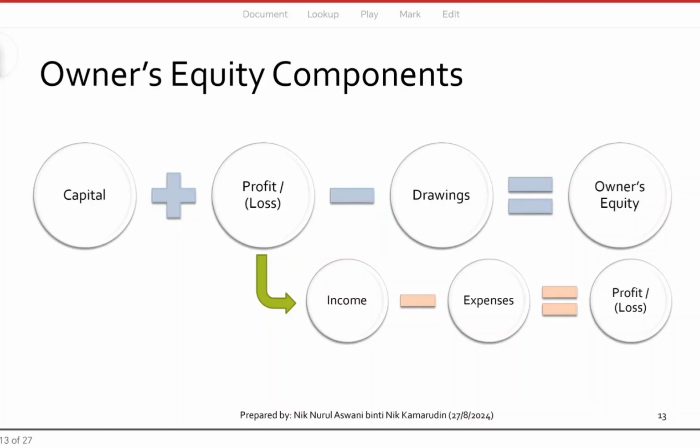Profit will be added to the capital, while loss will be deducted against the capital, and then minus the drawings, because drawings at all times are going to reduce the amount of owner's equity.